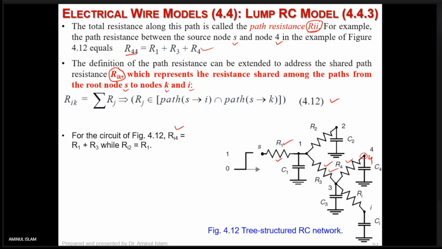The definition of the path resistance can be extended to address the shared path resistance Rik, which represents the resistance shared among the paths from the root node S to the nodes k and i. And this is the expression for that. For the circuit of figure 4.12, Ri4 equals R1 plus R3, while Ri2 equals R1.